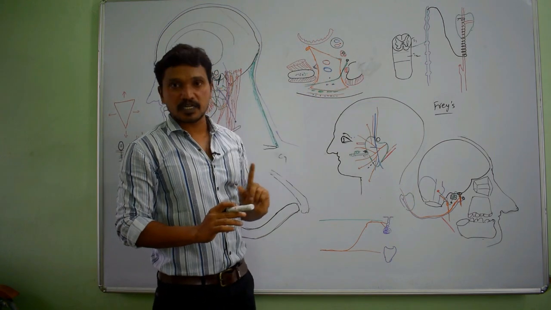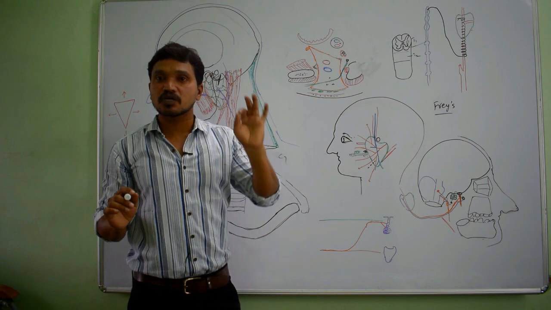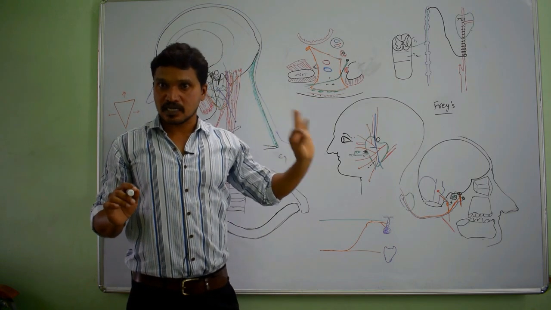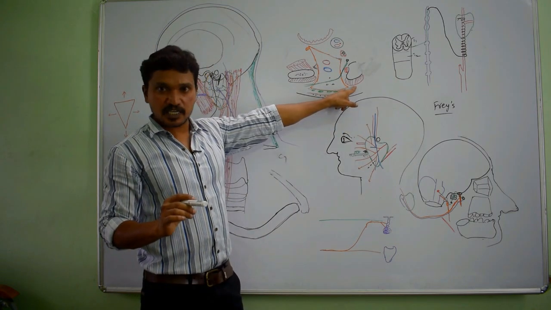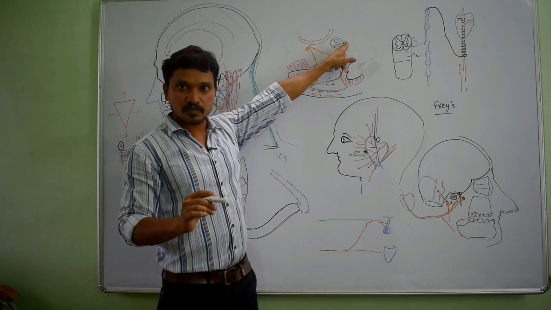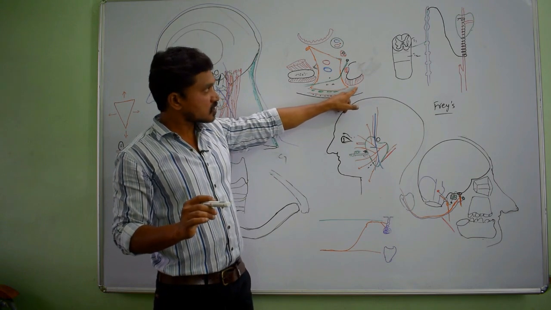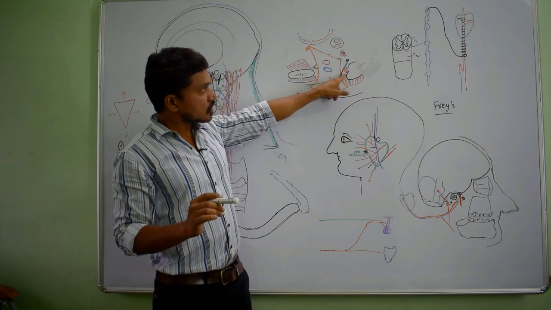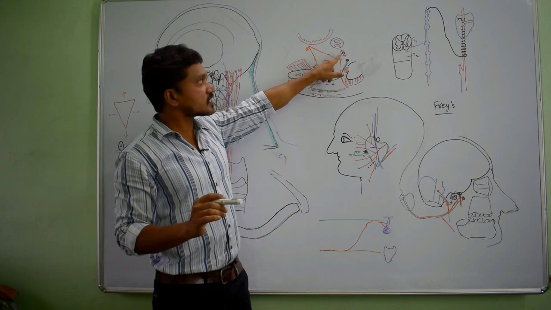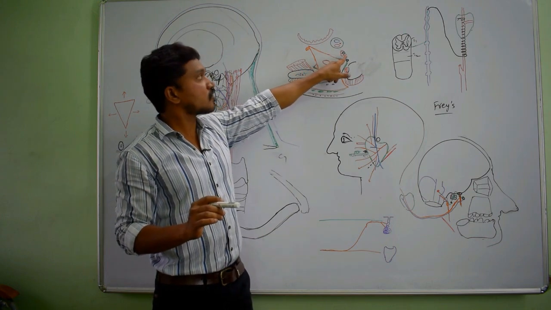Then posteromedial surface. This is the posteromedial surface. Posteromedial surface relations you have to remember in only 3 sentences: mastoid process and its attachments, styloid process and its attachments, carotid sheath and its contents. So mastoid process and its attachments means mastoid process, sternocleidomastoid, posterior belly of digastric. Styloid process and its attachments means stylohyoid, styloglossus, then stylopharyngeus.